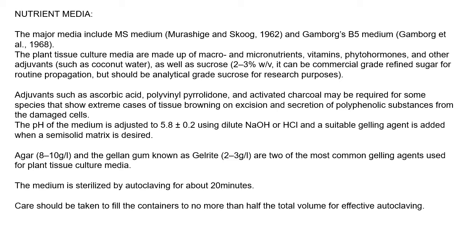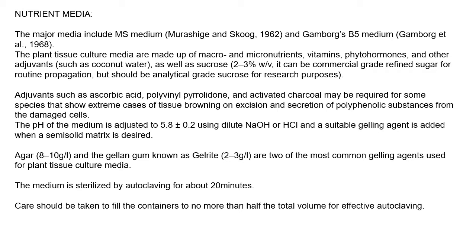The pH of the medium is adjusted to 5.8 plus or minus 0.2 using dilute NaOH or HCl, and a suitable gelling agent is added when a semi-solid matrix is desired. In PTC you can go with liquid medium or semi-solid matrix.